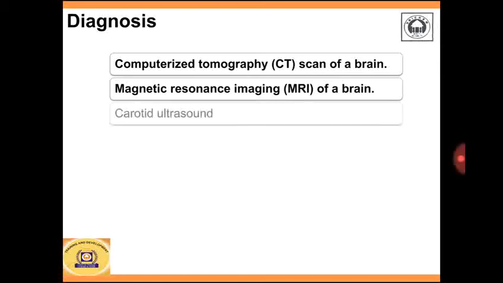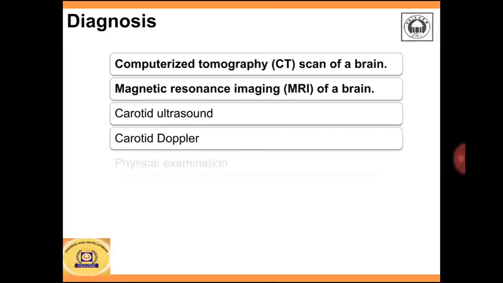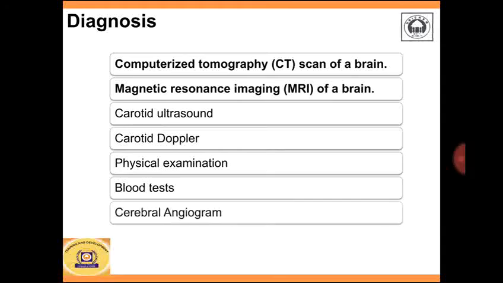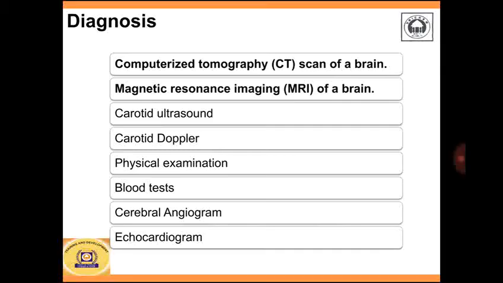Most important, carotid ultrasound and carotid Doppler are other important tests conducted by the doctor to see the level of stroke. The doctor also recommends some blood tests. The doctor will also check the physical appearance of the patient, and cerebral angiogram and ECG are the other diagnostic tools available for the doctor to diagnose stroke.